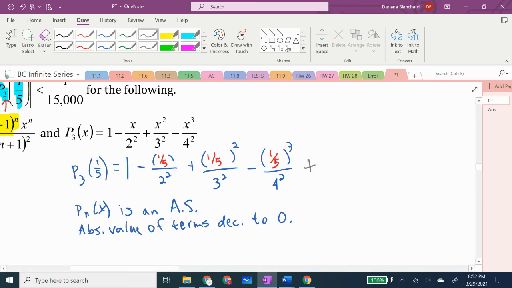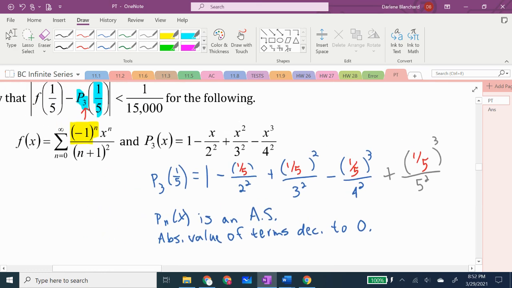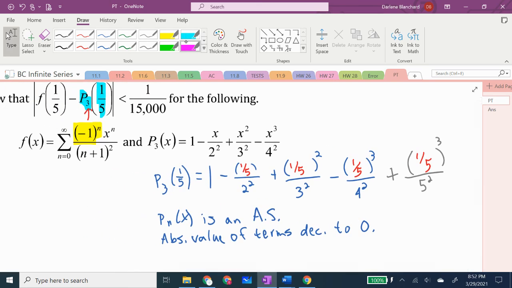If you look at the pattern, you can see it was going to be plus something to the third power over, look at those denominators, look at the pattern, 5 squared. You can double check that that is the correct pattern if you go and look at the formula that we are using. And wow, that was silly of me. Yeah, double check.